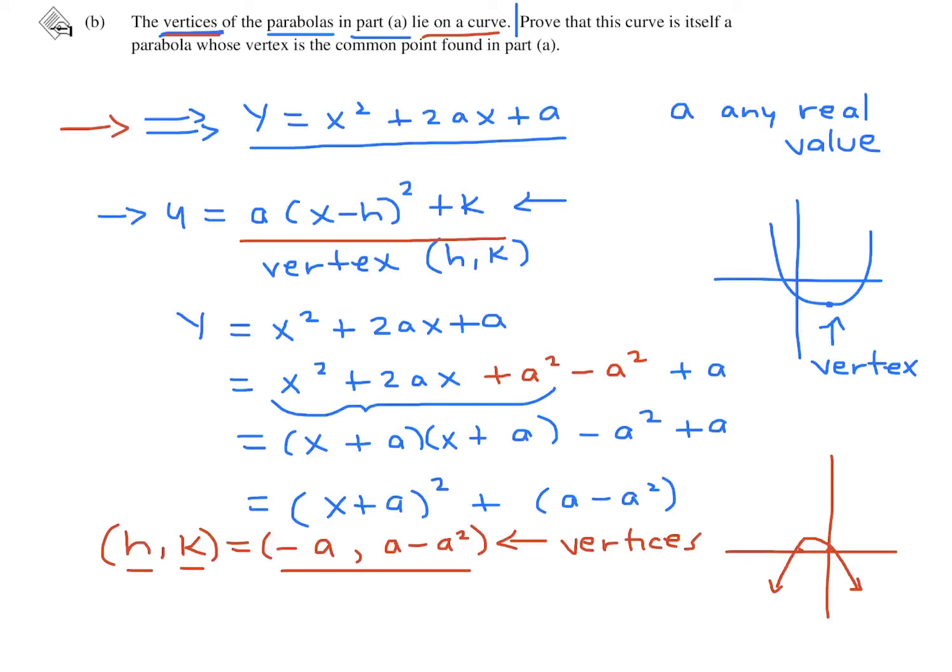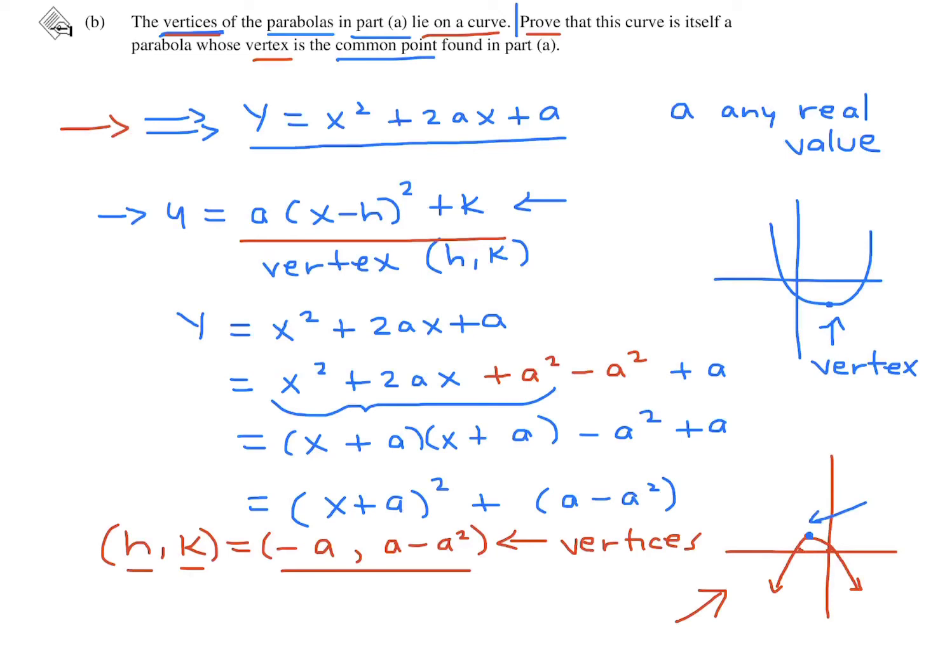All right. So now let's move forward with the second part of the sentence. Prove that this curve that I just drew right there itself is a parabola. Well, I kind of drew it as a parabola, but we got to prove that. Whose vertex is the common point found in A. So they're saying that this parabola has a vertex. So let's use a different color here. The vertex itself is right here, the top point. And that vertex is the common point found in part A. Do you remember in part A we found a common point?